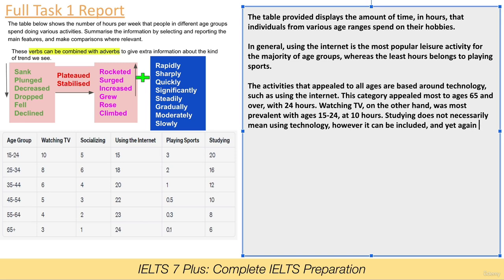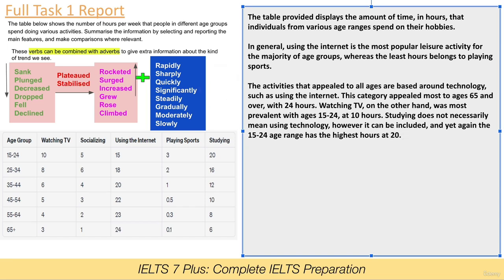And yet again, the 15 to 24 age range comes out on top, or has the highest hours at 20.